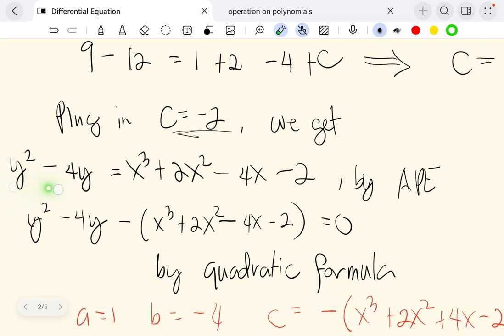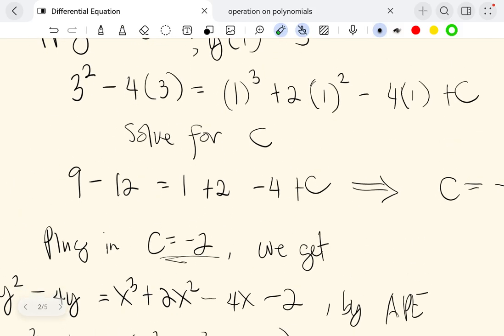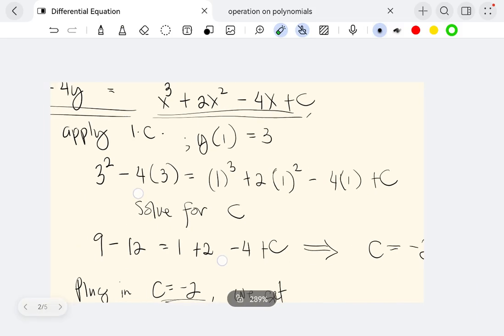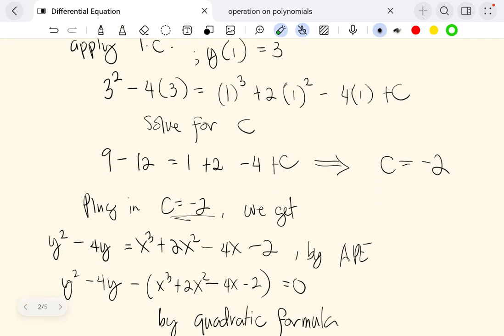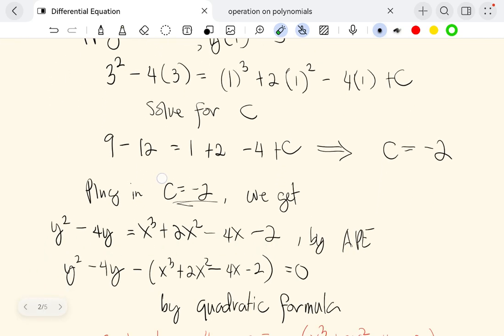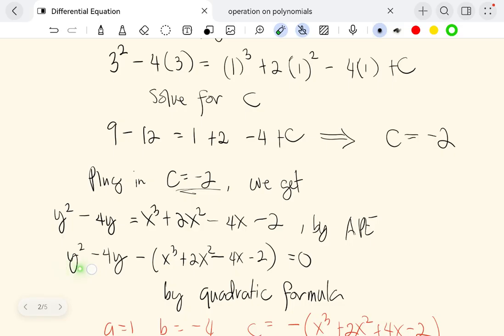Then substitute this on the earlier solution. So this will become negative 2. Then by addition property of equality, move the whole part here, so this is equal to 0.